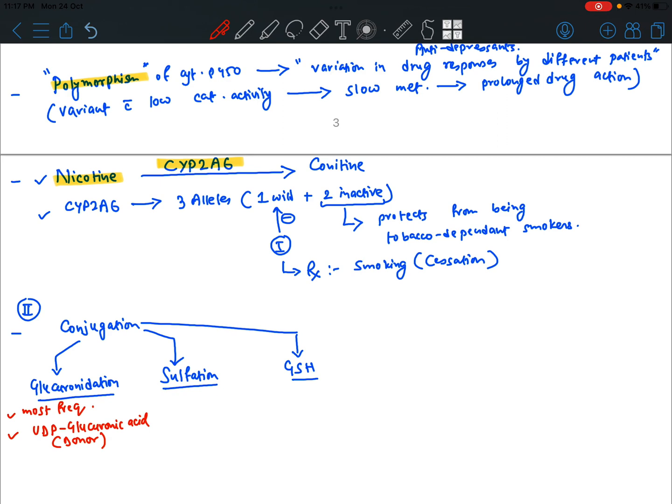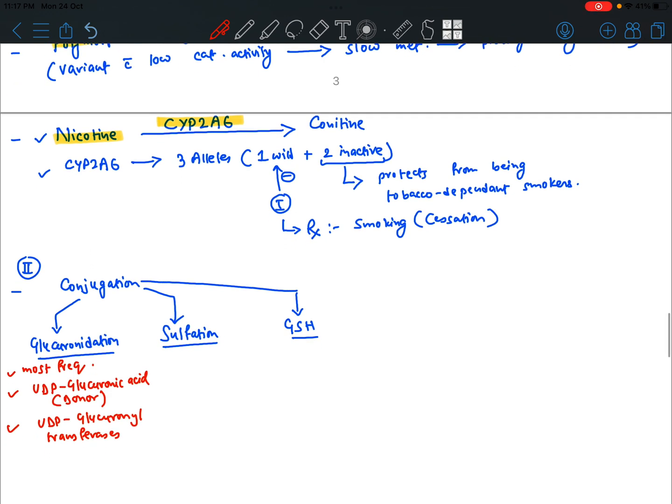So similarly here we also have the enzyme UDP glucuronyl transferase. I mean there can be many glucuronyl transferases. This is present in ER and cytosol.